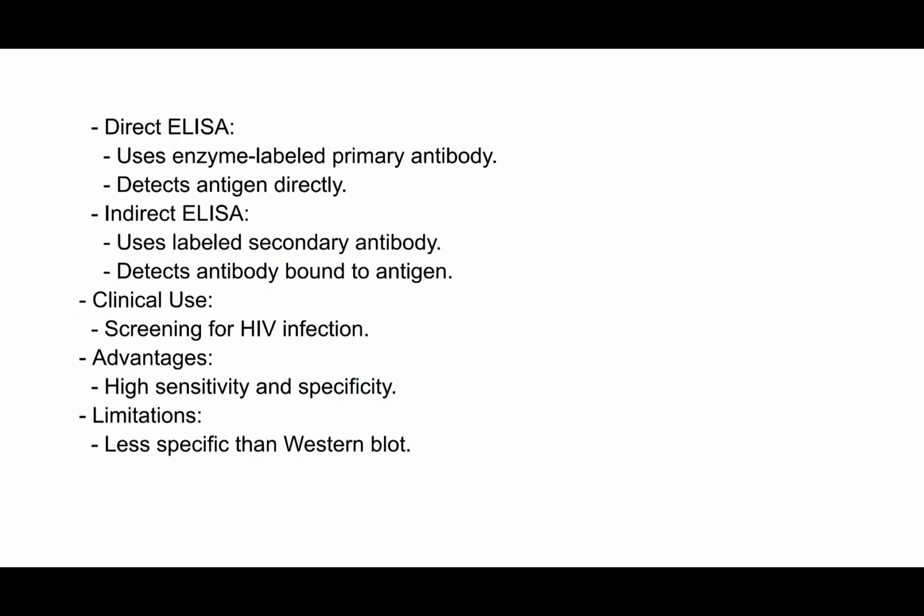There are two types of ELISA: direct ELISA and indirect ELISA. Direct ELISA uses an enzyme-labeled primary antibody and detects antigen directly. Indirect ELISA uses a labeled secondary antibody and detects antibody bound to the antigen.